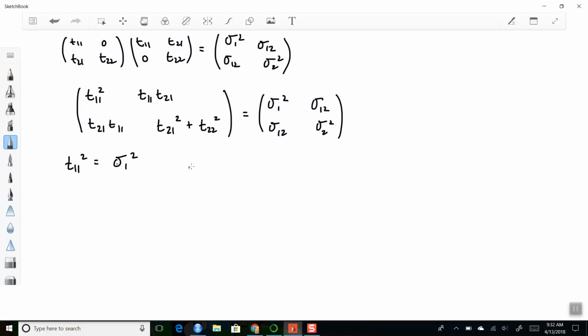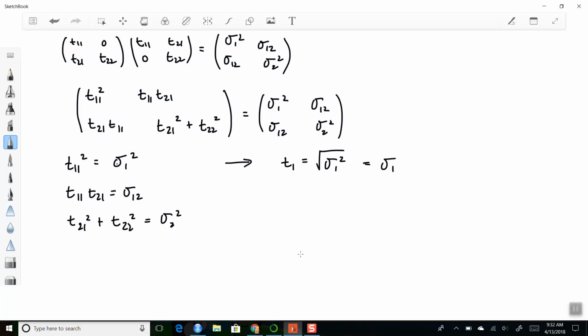So I got T11 squared is equal to sigma 1 squared. And then we've got T11 T21 equal to sigma 1,2. And T21 squared plus T22 squared is equal to sigma 2 squared. Okay, so this gives me that T11 is equal to the root of sigma 1 squared, or just sigma 1, okay?